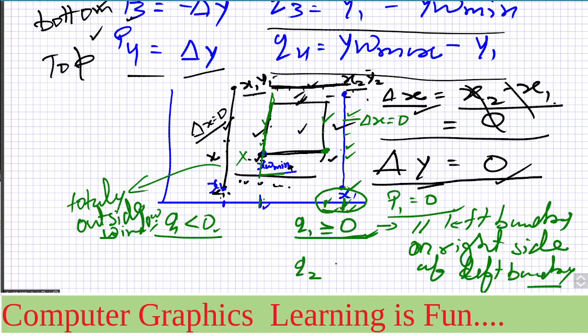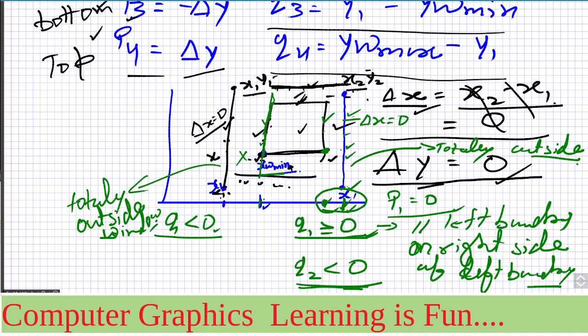Q2 is less than 0, right? Because this is a smaller value minus a bigger value, it is less than 0. So, since it is less than 0, you can understand that this particular line is totally outside.